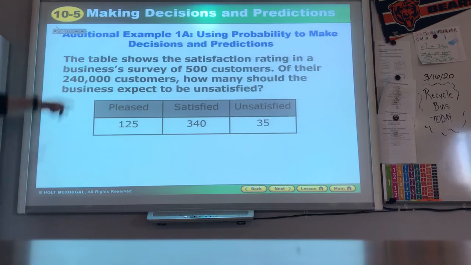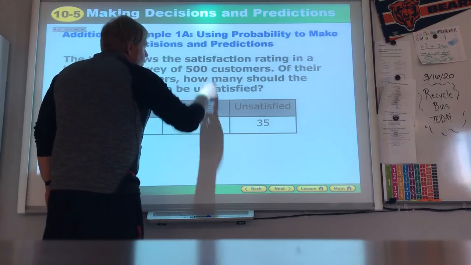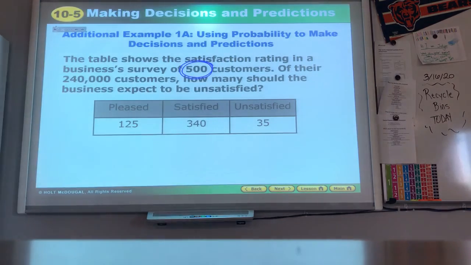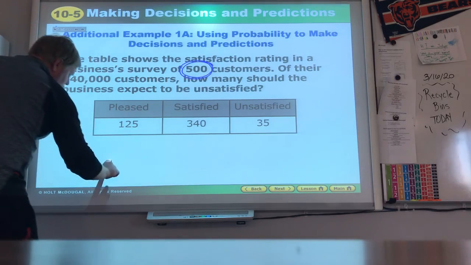All right. The table shows the satisfaction rating in a business's survey of 500 customers. Of their 240,000 customers, how many should the business expect to be unsatisfied? So the total number of people in this customer survey was 500.